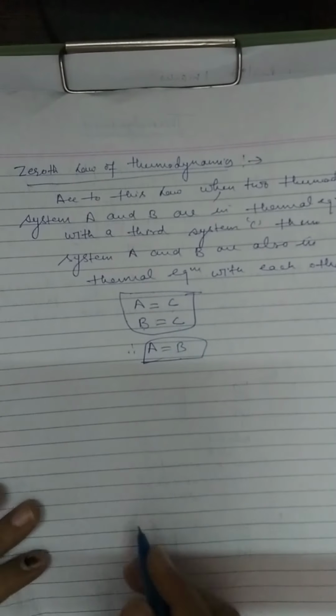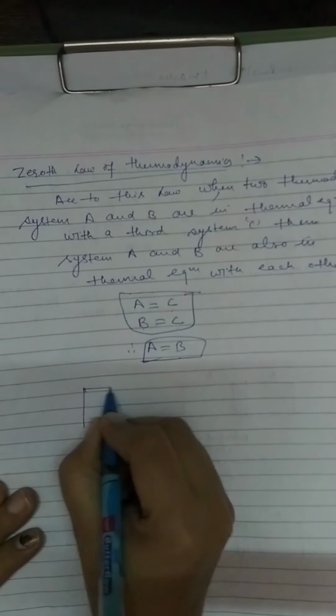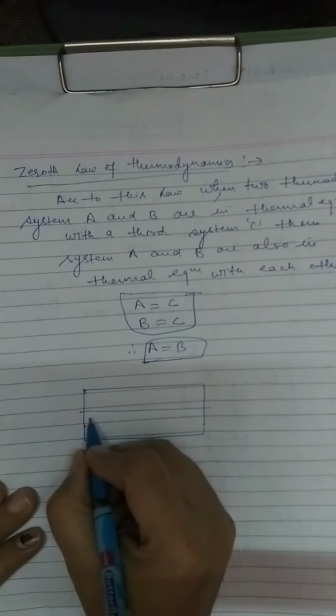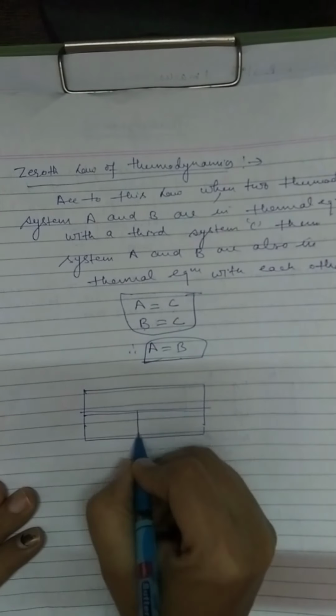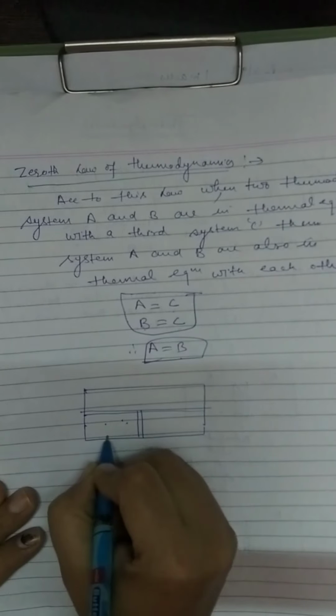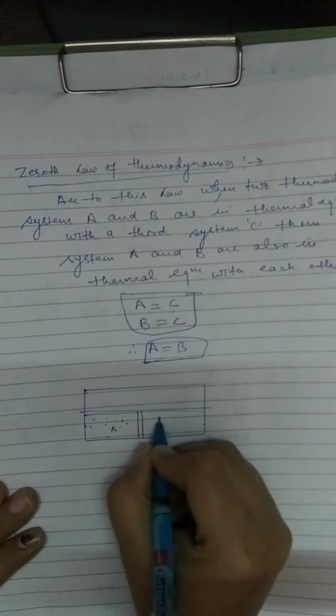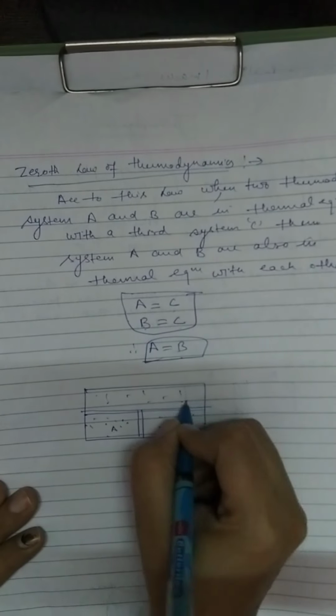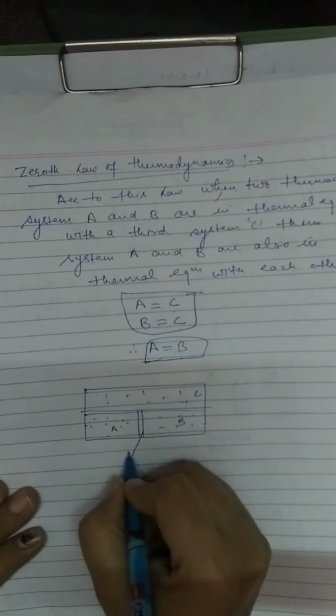Now to define this, let us suppose एक system लेते हैं in which there are three gases, three thermodynamical systems. One is A, second is B, and this one is C. And this is an adiabatic wall.